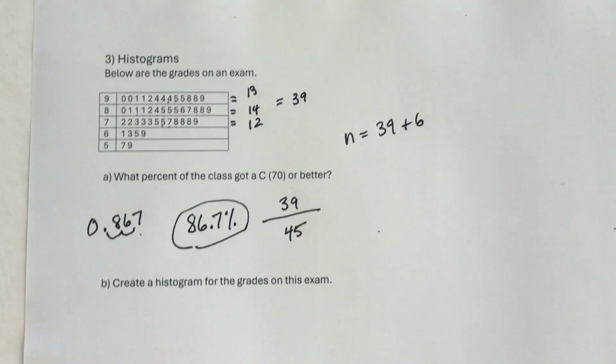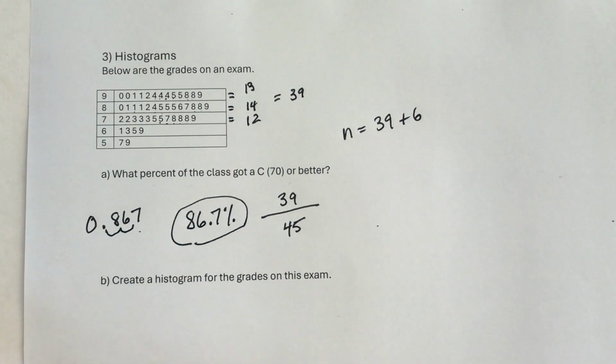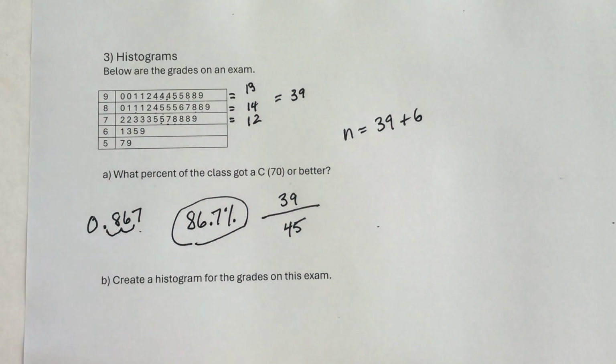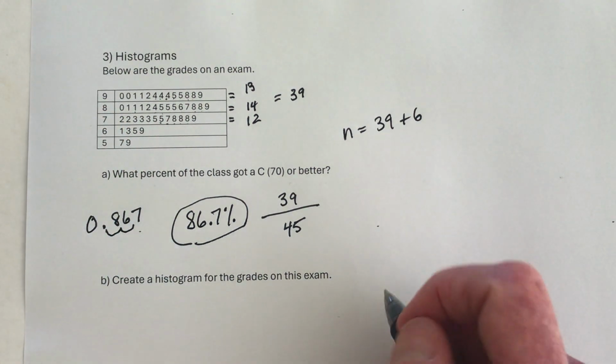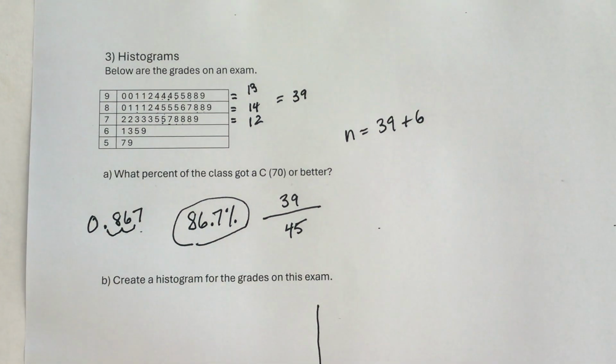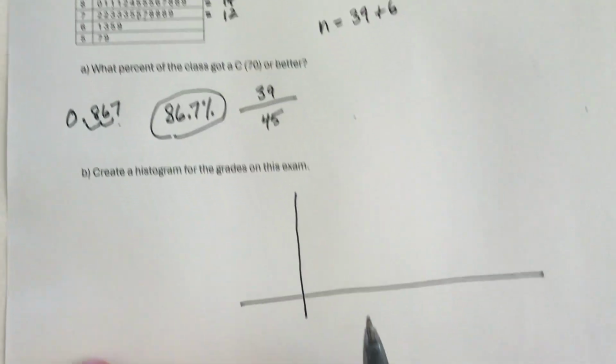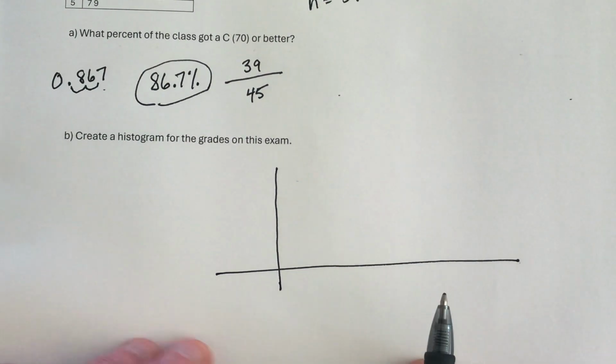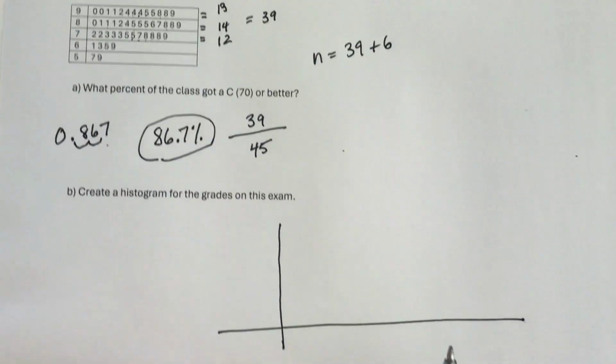All right, now we're going to make a histogram. And basically, I'm just going to take this information and make a bar graph out of it. So this is going to be the number line, and the very lowest score was in the 50s.